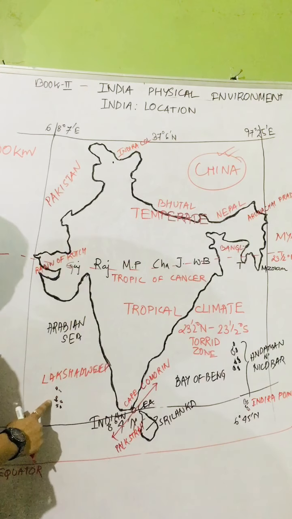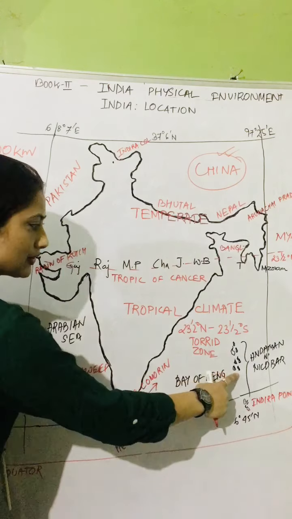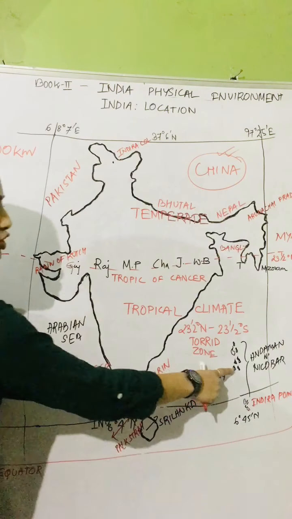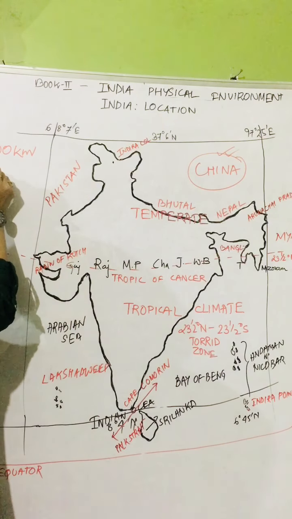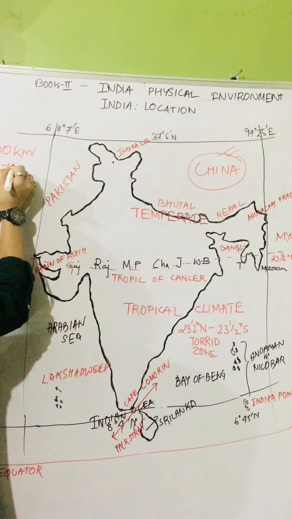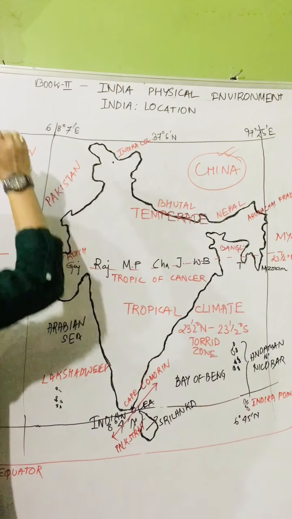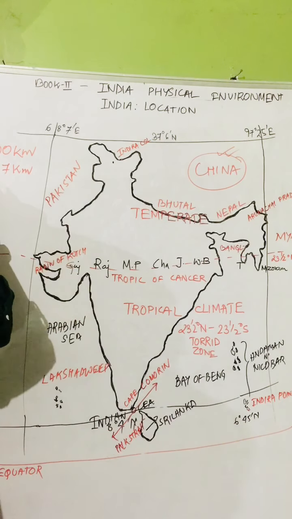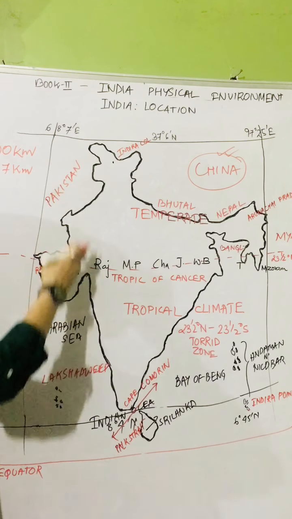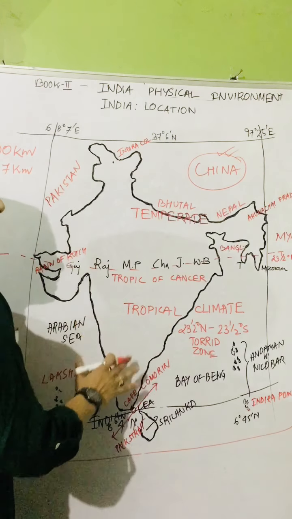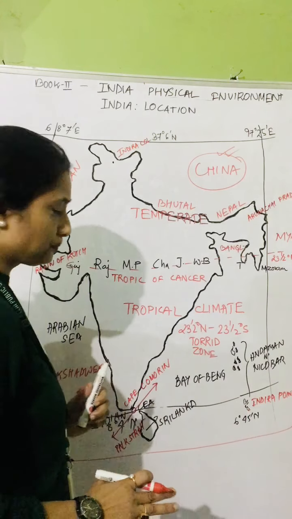But we also know that we have two union territories, so they also have their coastal boundaries. So India has a long coast of 7,517 kilometers. So India enjoys a very long coastal boundary, and because of this we have a very good maritime location.